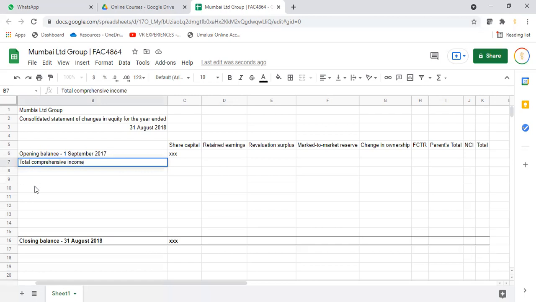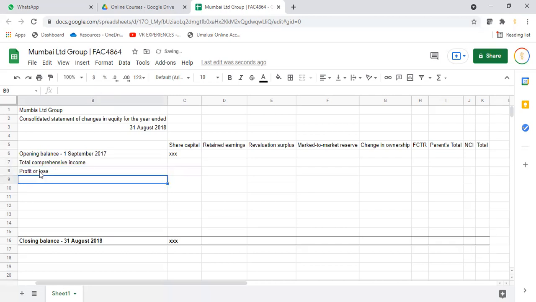But like I mentioned earlier, the statement of comprehensive income is made up of two parts: profit or loss and other comprehensive income.